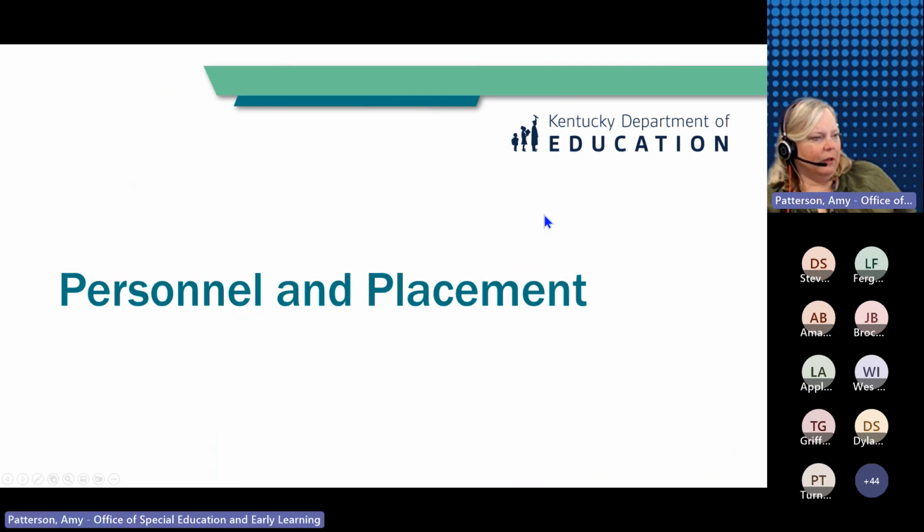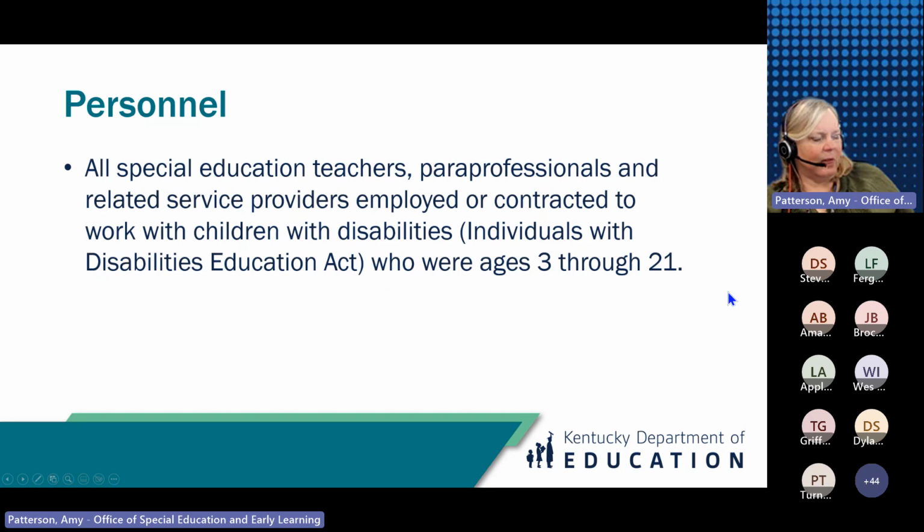Okay, personnel and placement. So that's the spreadsheet that I sent to you guys. And I've also sent guidance documents to go with it. It's basically the guidance that we get from the federal government. So we collect data on special education teachers, paraprofessionals, and related service providers who are employed or contracted.